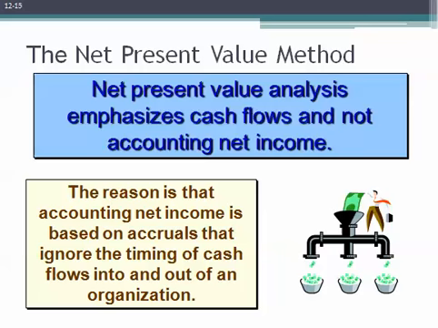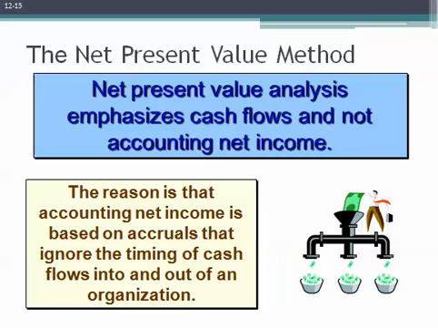An important point to remember when we're performing our net present value analysis is that we want to focus on cash flows and not accounting net income. The reason is that accounting net income is based on accrual basis accounting rules. For instance, if we make a sale on credit, we will report a revenue which generates income, but not necessarily cash flow.